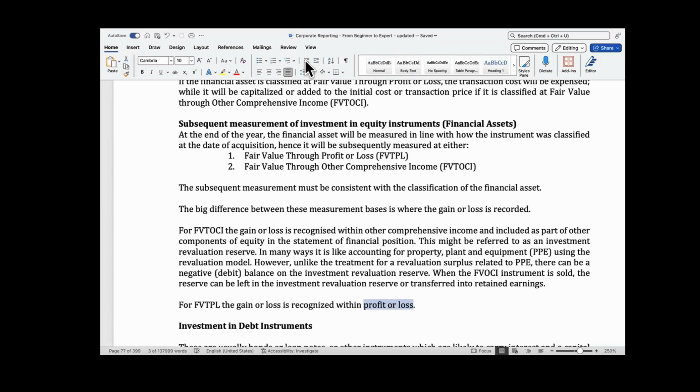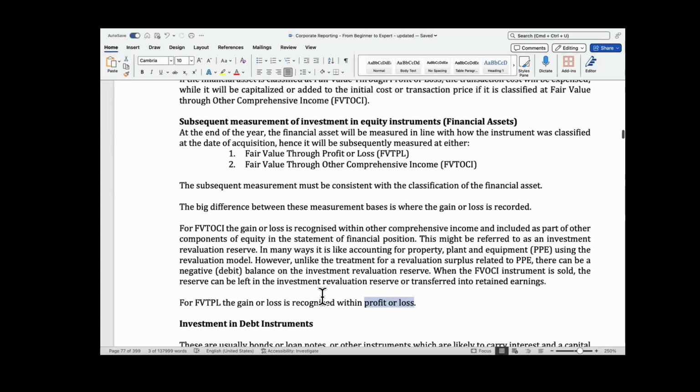Gain or loss simply means changes in the share price. It fluctuates. It's just like you bought the shares when it was 2 naira, and at the end of the year it is now 4 naira. So that gain, if you are classifying those shares at fair value through POL, goes to POL. But if it is classified at fair value through OCI, that gain goes to OCI.